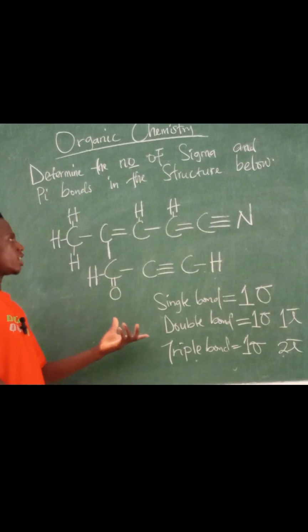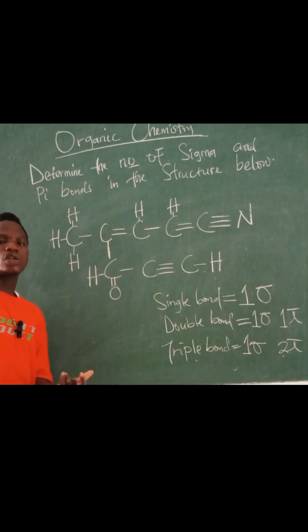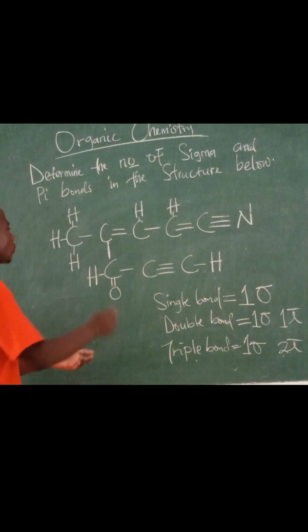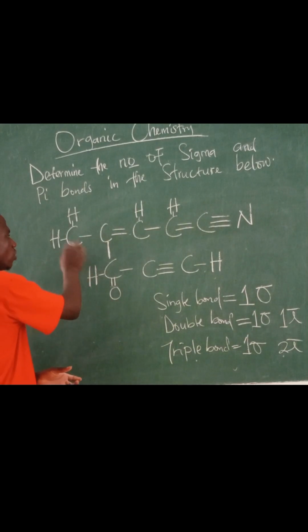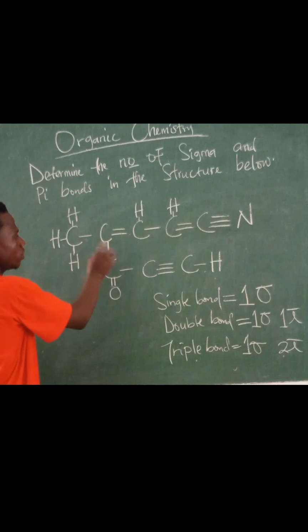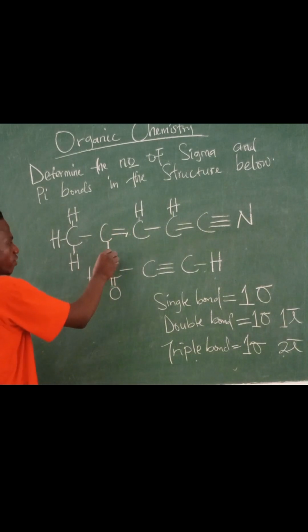So in this case, this is the structure given. First of all, we have to count our number of sigma bonds first to make it easier for us. Now, in this particular space where we have double bond, that is just 1 sigma. So this is 1, 2, 3, 4. So here we have 5. Then here we have 6.